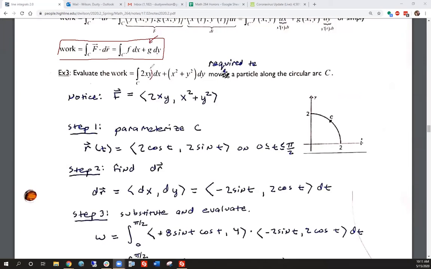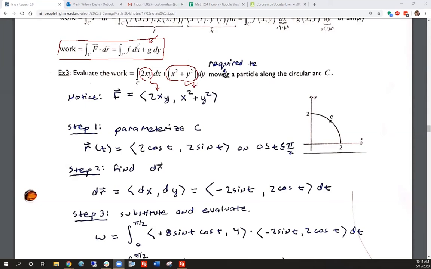The thing that's in front of the dx is going to be the x component of our force field, and the thing that's in front of the dy is going to be the y component of our force field.